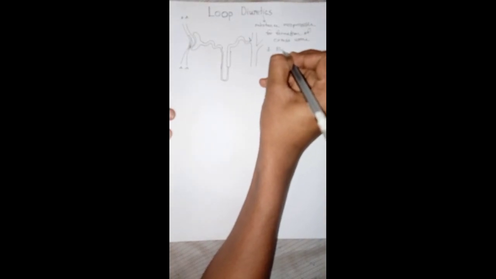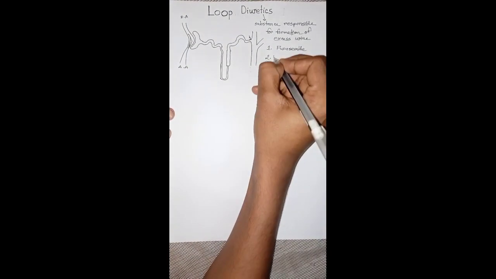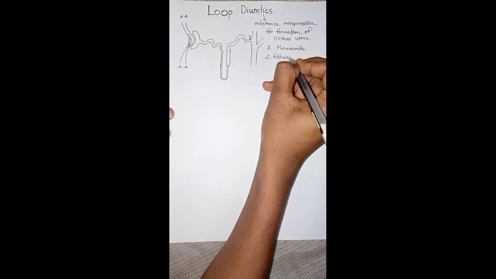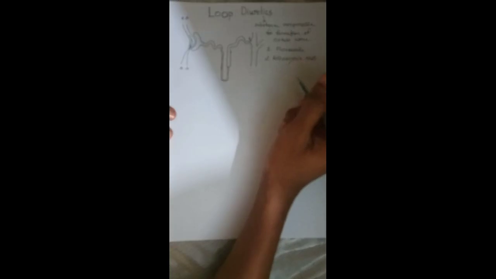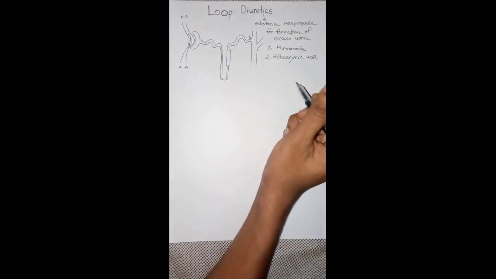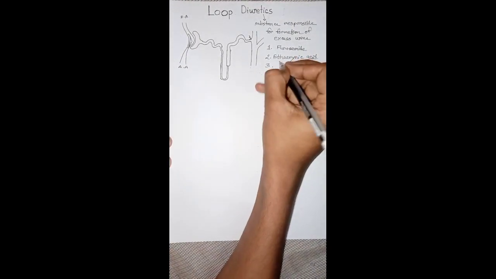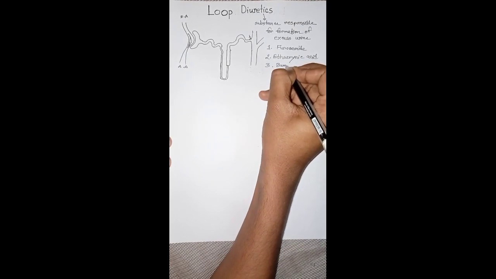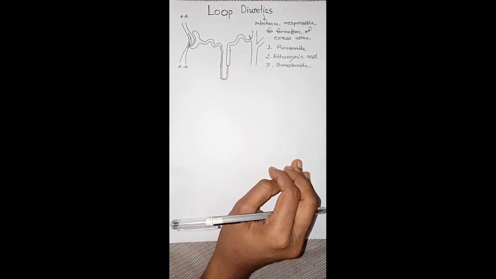One is furosemide, second is ethacrynic acid, the third is bumetanide. These three substances are responsible for the formation of excess urine.